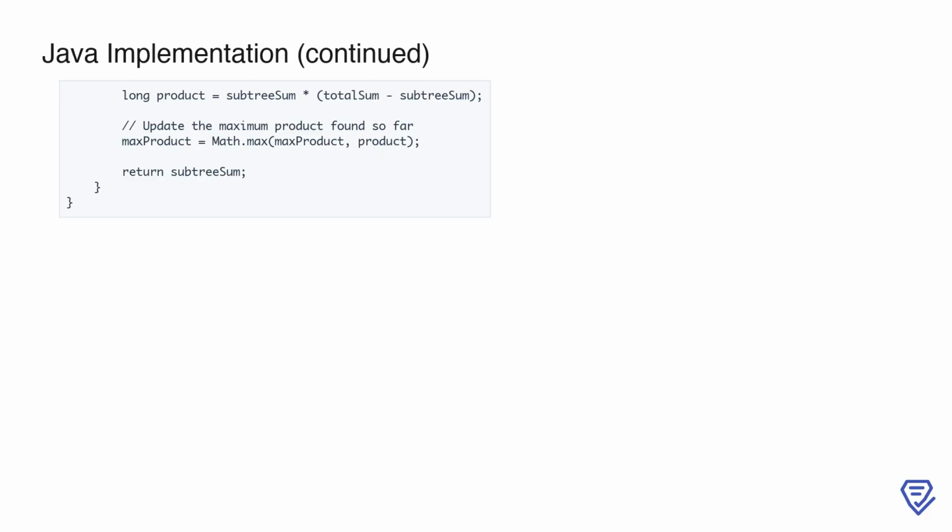The product is determined by multiplying the sum of this subtree with the sum of the rest of the tree, which is the total sum minus the subtree sum. We then compare this product with the current maxProduct and update maxProduct if the new product is greater. Finally, we return the subtree sum so that it can be used in the calculations higher up in the recursion stack. This recursive approach ensures that we evaluate all possible splits efficiently.